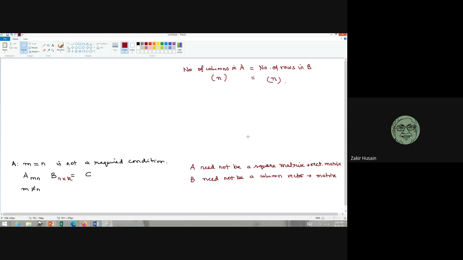Let me write down an equation system that will make it easier. So what is the order of this?